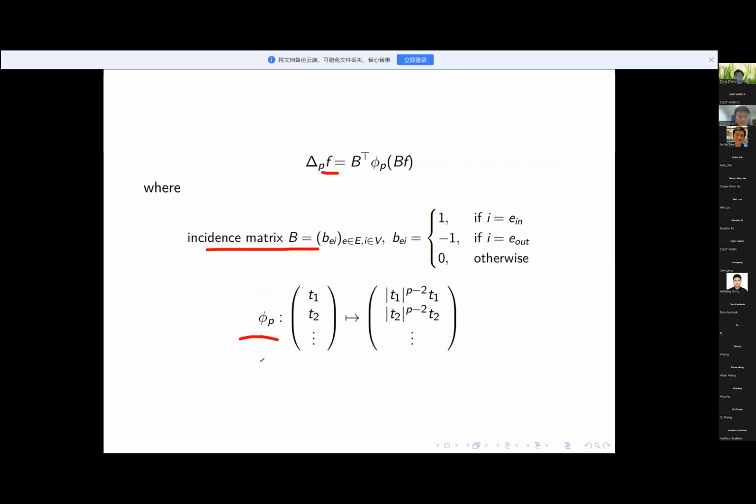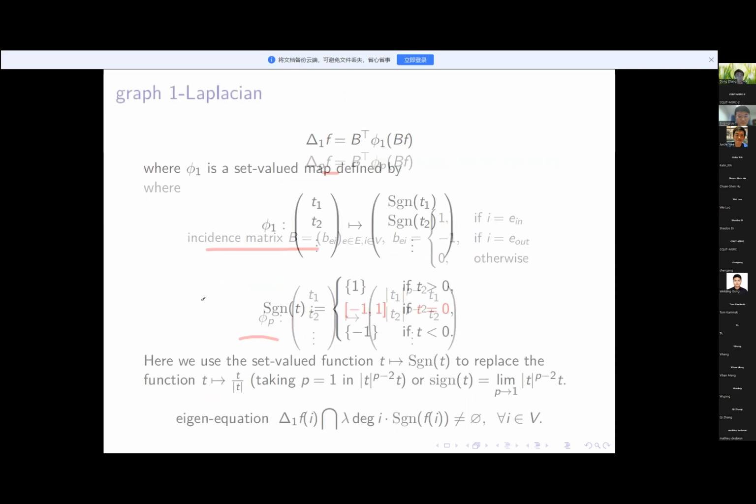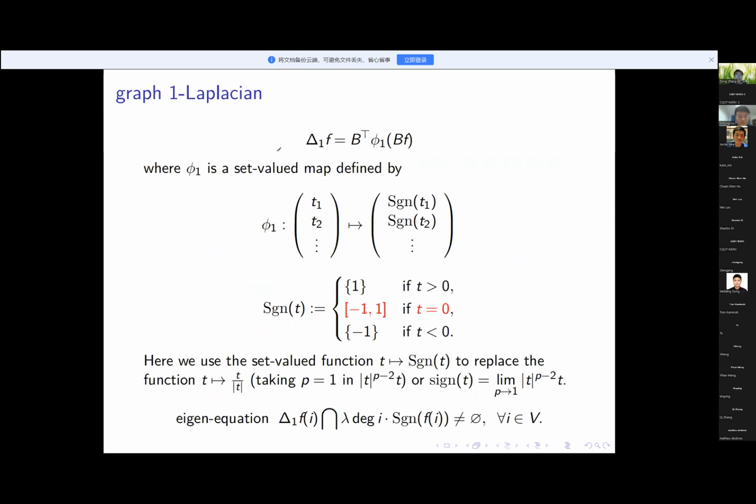And if p turns to 1, we can get the graph 1-Laplacian. But here we should note that phi_1 is a set-valued map in which we use a set-valued signature function instead of the usual signature function like this.